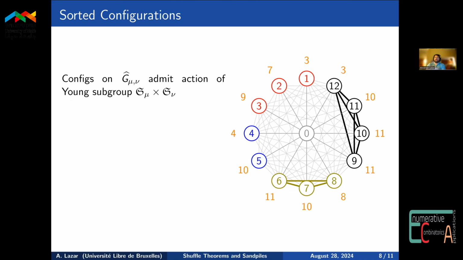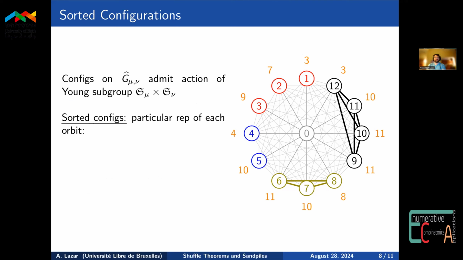And so now we can go back to sandpile configurations on these graphs. On these G hat mu nu, any sandpile configuration is going to admit an action of the Young subgroup S_mu cross S_nu, by which I mean we're allowed to freely permute the number of grains within each of these blocks. From the point of view of the graph, I can't really tell other than the label.